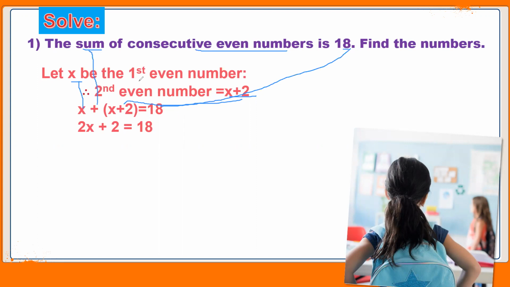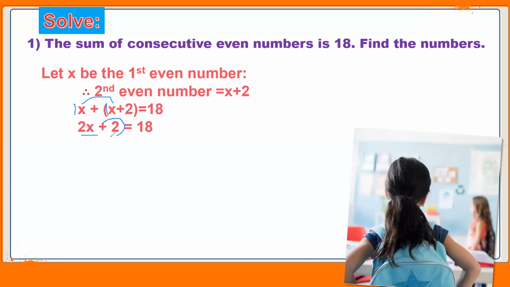So we get the equation x plus (x plus 2) is equal to 18. Got it? First we suppose that the first even number is x, then the second even number is x plus 2. So here we get the equation: the first even number plus the second even number is equal to 18. Now we have to solve it. By removal of the small bracket, x plus x is equal to 2x, because here 1 is the coefficient, 1 plus 1, 2x plus 2 is equal to 18.